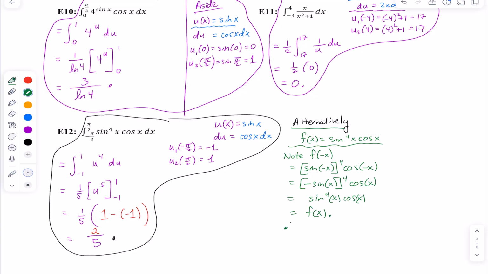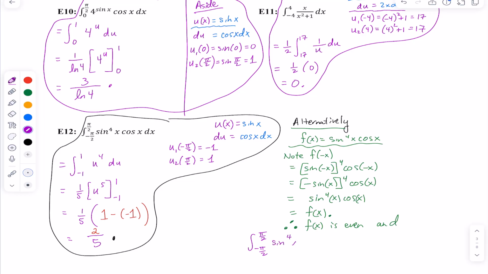This is actually the definition of an even function. What does that mean? That means we could actually double the quantity as long as we actually split the first integral in half.